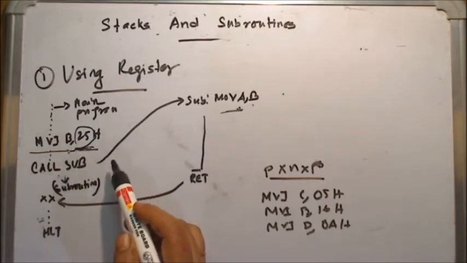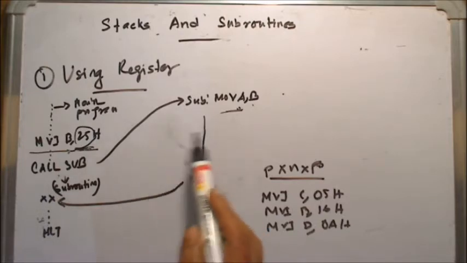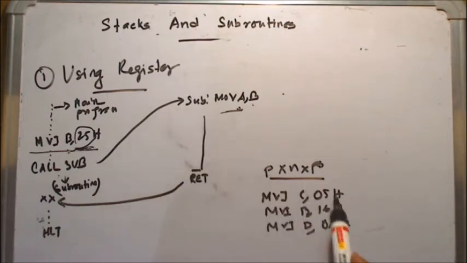The subroutine will go on taking the parameters from the registers one by one, and it will do the operation on them. So you can pass multiple parameters, but how many? 2, 3.